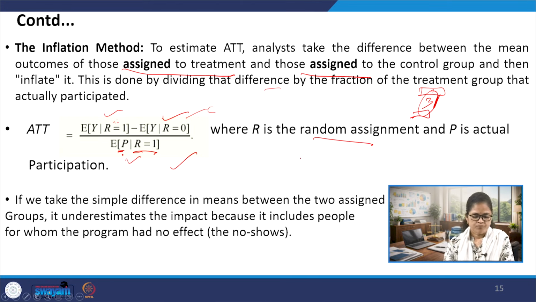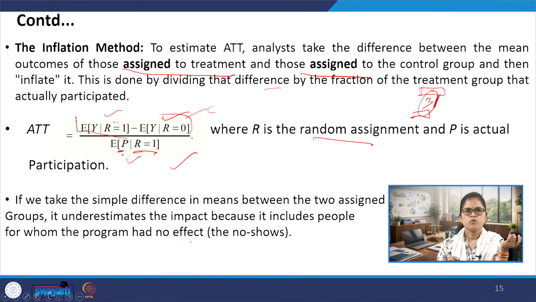So what is the actual participation in this group? If we take a simple difference between the two assigned groups, this simple difference in means can underestimate the impact of the policy. Why?